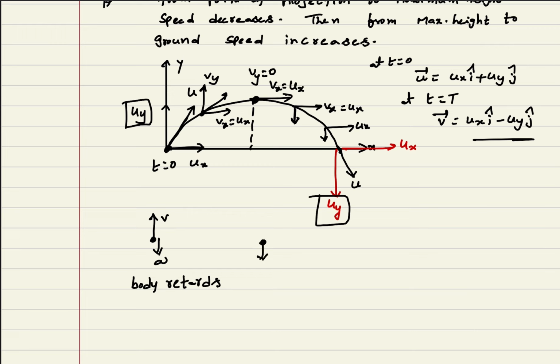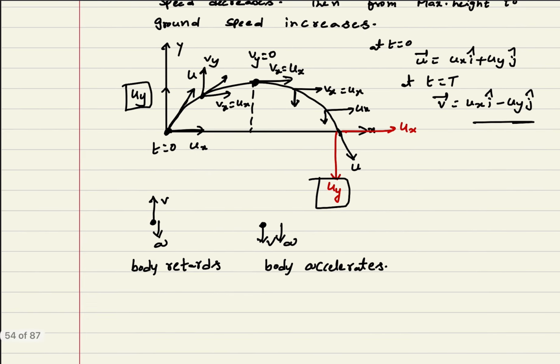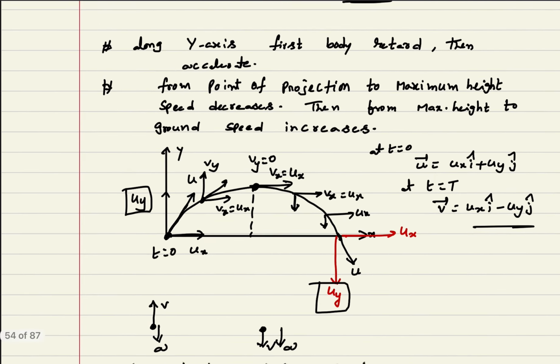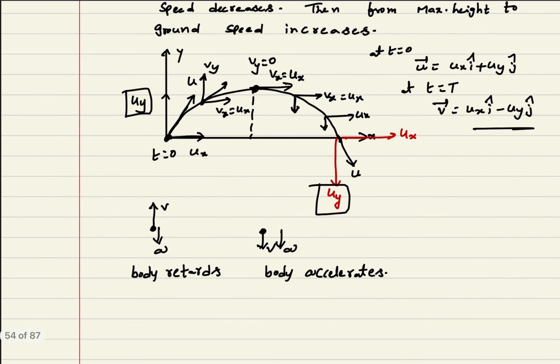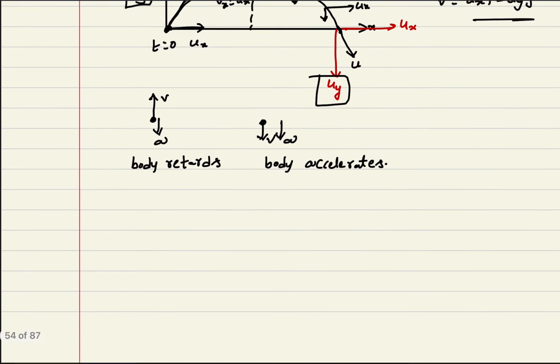If velocity and acceleration are in the same direction, the body accelerates, or its speed increases. Observe this carefully: along the x-axis constant velocity, along the y-axis it is first retarding then accelerating, meaning constant retardation and then constant acceleration along the y-axis.